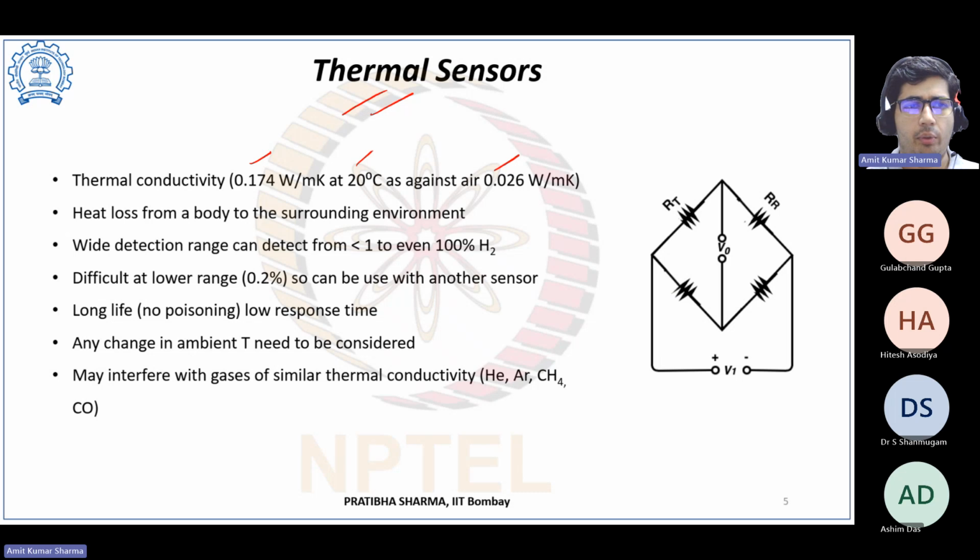So it measures heat loss from a body to the surrounding environment, and this type of sensor can detect from less than 1 to even 100% H2. It's difficult at lower ranges, so it can be used with another sensor. For lower ranges it's not good, but up to 100% it is good.